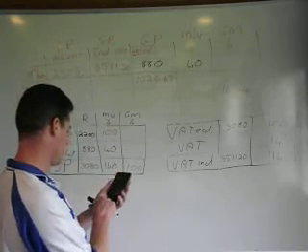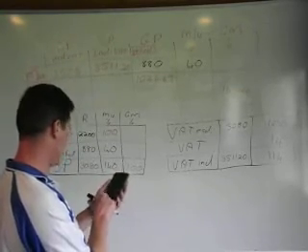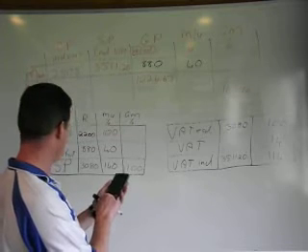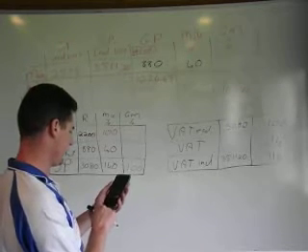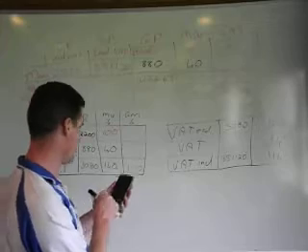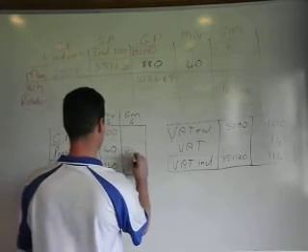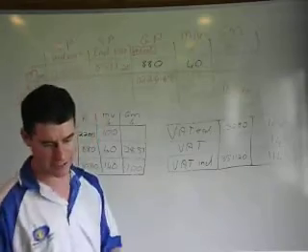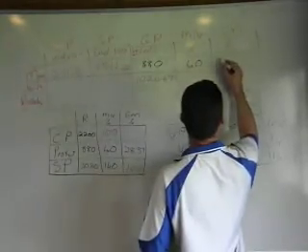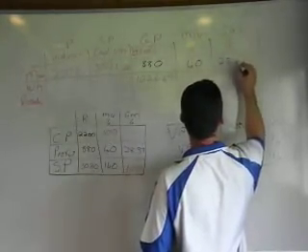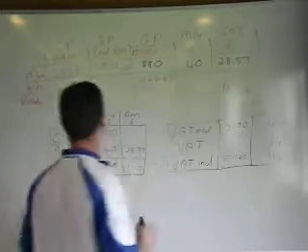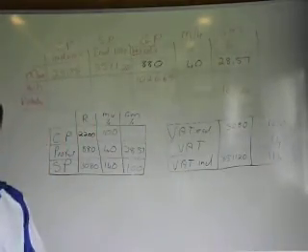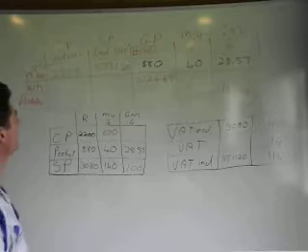So let's just do it this way: 100 divided by 140 multiplied by 40, and that gives you 28.57. So let's put that in. 28.57. Are we good with that? That was easy enough.